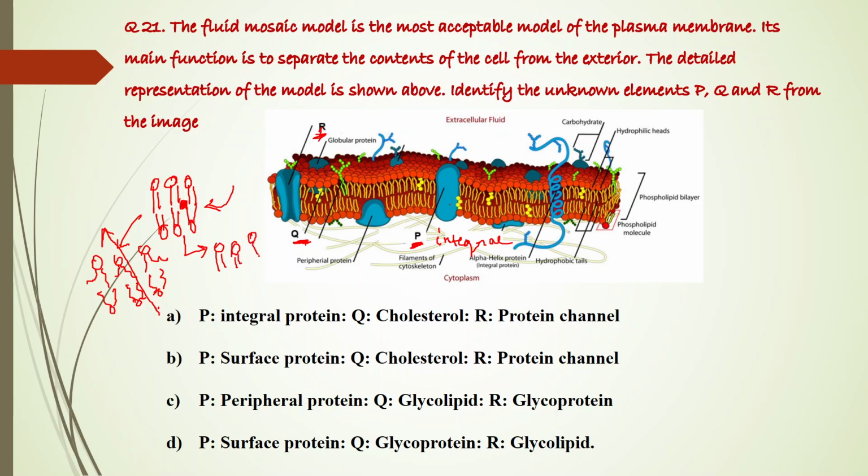It will try to become something like this to accommodate the small molecule, so that cholesterol can now sit here freely. That means you are hampering the orderness, you are increasing the fluidity. Although that was not the question, we just needed to identify. So this small molecule that is shown here, which is increasing the fluidity of the membrane, is nothing but our cholesterol. So our Q is cholesterol.